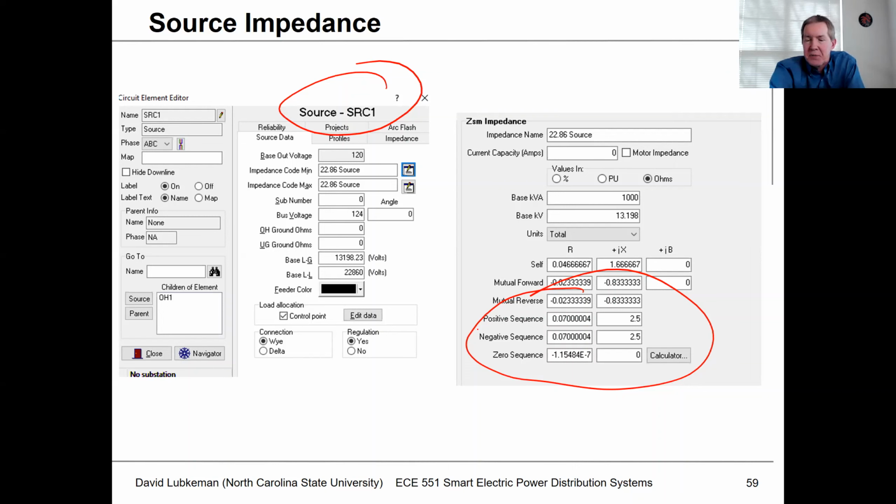But since I'm doing just balanced faults, I'm just going to put in this positive sequence impedance in the source. What's going to happen when I do the fault flow is it's just going to model this as a voltage behind impedance, okay? So even though you have the regulation checked, that's just for the voltage drop part. That's not going to be used for the fault flow.